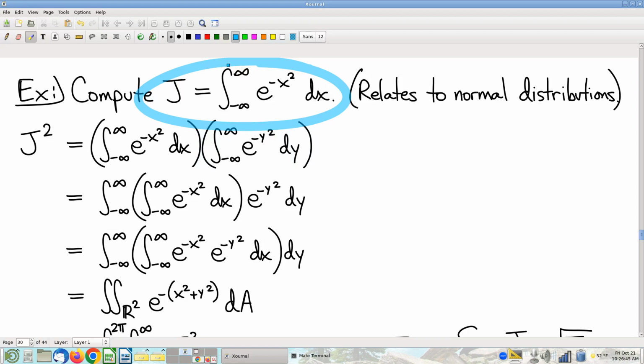So this integrand you recognize, e to the negative x squared, you might recognize, I should say. This e to the negative x squared is an example of what's called a normal distribution, and it's extremely important in statistics. It turns out it's a very natural, not just mathematically natural, but physically natural. The normal distribution shows up in the physical world kind of for mathematical reasons in a way.